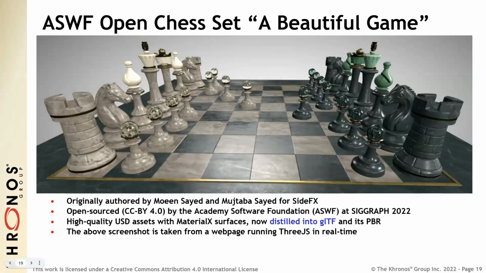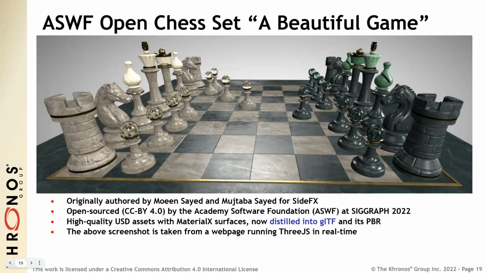So this is one of our newest sample models. This model that we're seeing here, the Academy Software Foundation released as the Open Chess Set at the recent SIGGRAPH 2022 conference.